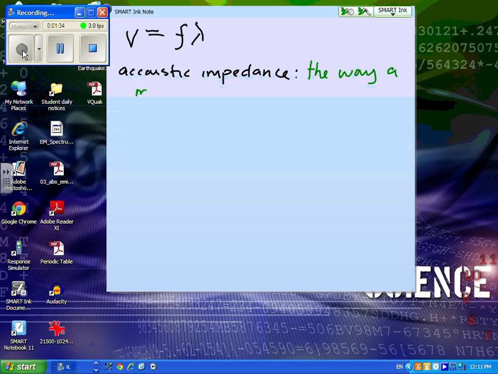Rather than material, what's a better word? We talked about mediums for waves.